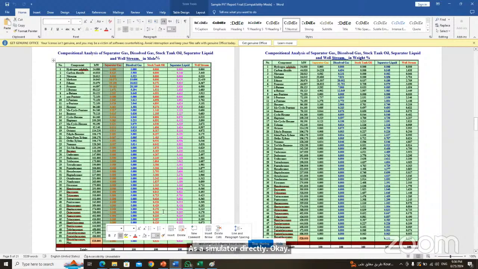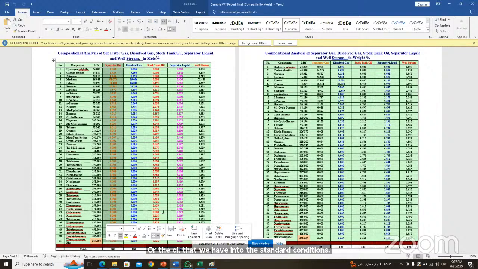For the liquid, it's a little bit challenging. In the industry, we don't have a chromatograph that measures the composition of the oil at the reservoir conditions or at the separator conditions. The chromatograph that we have just measures the composition at standard conditions. So in order to measure the composition, we need to bring the oil to standard conditions first, then start measuring.